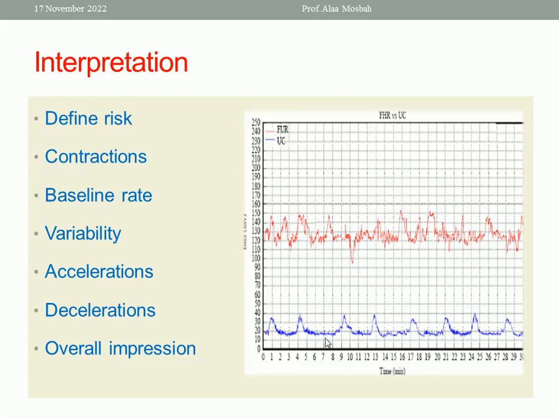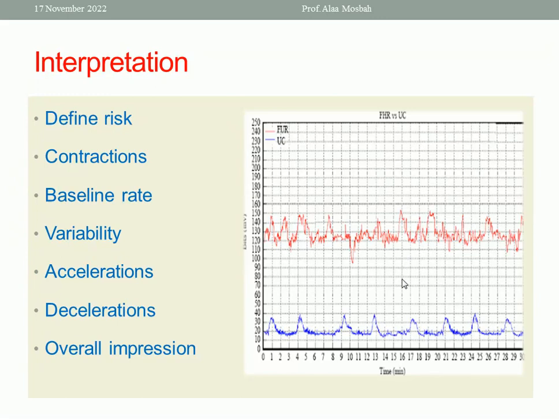So, severe bradycardia less than 100 or severe tachycardia more than 180 is considered abnormal. Absent or decreased beat-to-beat variability is non-reassuring or abnormal. The sinusoidal pattern with absent beat-to-beat variability is abnormal and a very dangerous one.